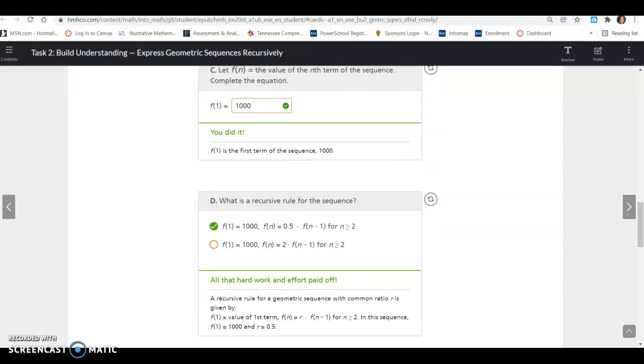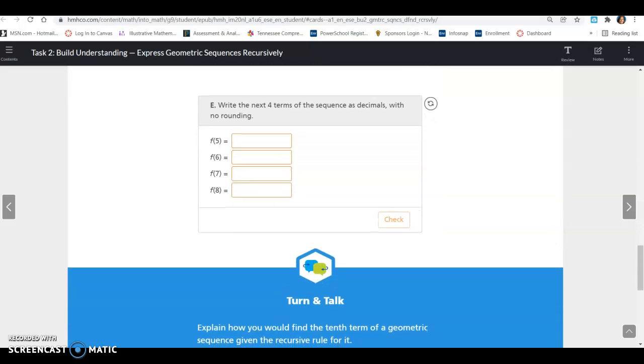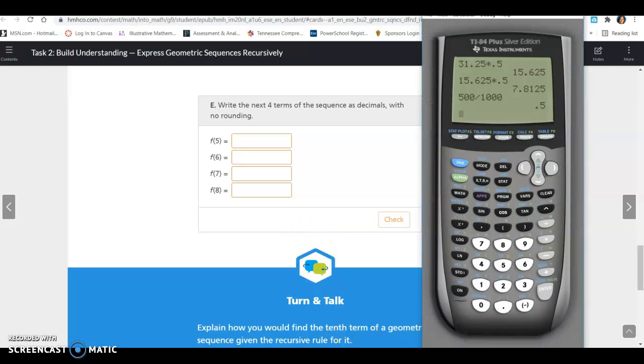So we're going to do 125 times 1/2. So basically just half of 125. All right, and then we're going to do 62.5 times 1/2. So we've got 62.5 and 31.25.